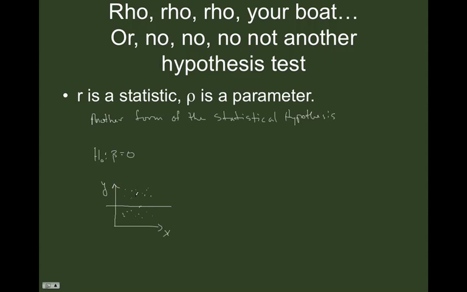But notice that that same scatter plot that would indicate a horizontal line for the best fit line also corresponds to the data set where there's no linear relationship. So it turns out that beta equals 0 or rho equals 0 are equivalent null hypotheses. And also similarly for the alternate, we could describe the alternates in the same way.